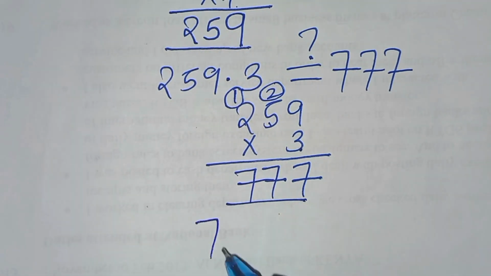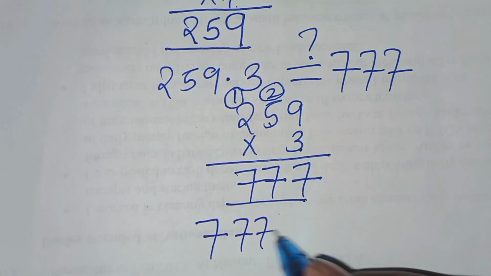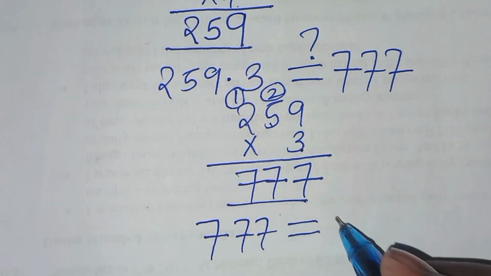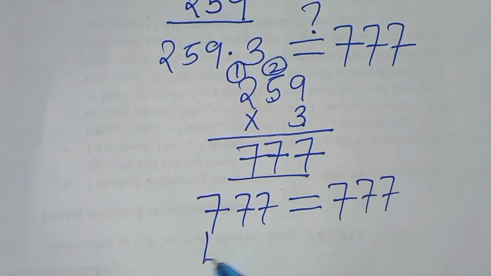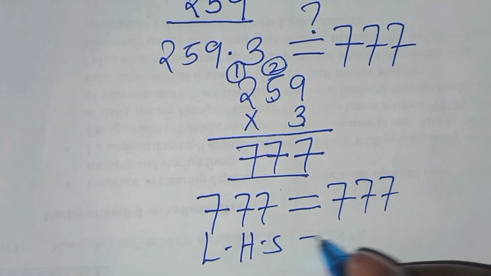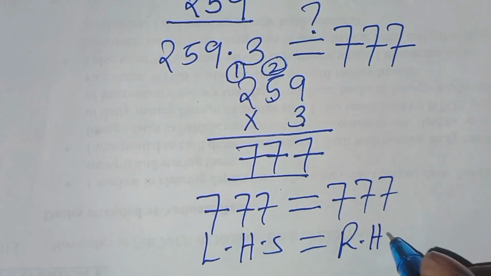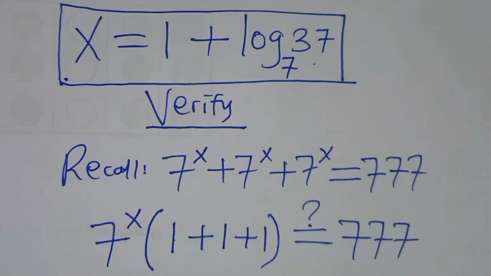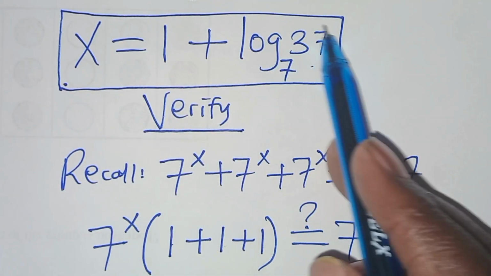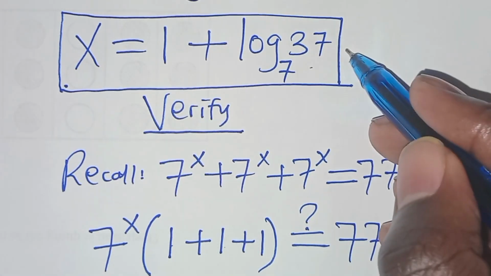So this implies that 777 on the left hand side is equal to 777 on the right hand side. So the left hand side is equal to the right hand side. And this implies that the value of x, which is 1 plus log 37 to base 7, actually satisfies the equation.